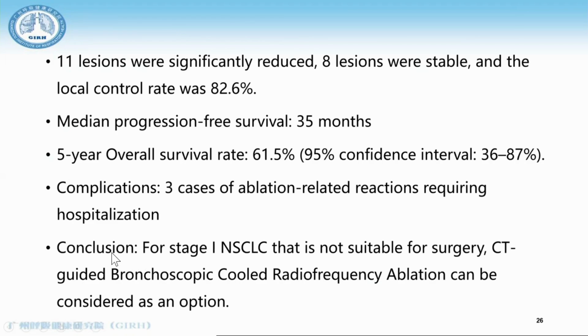The conclusion is that for stage 1 NSCLC not suitable for surgery, CT-guided bronchoscopic cooled radio frequency ablation can be considered as an option.